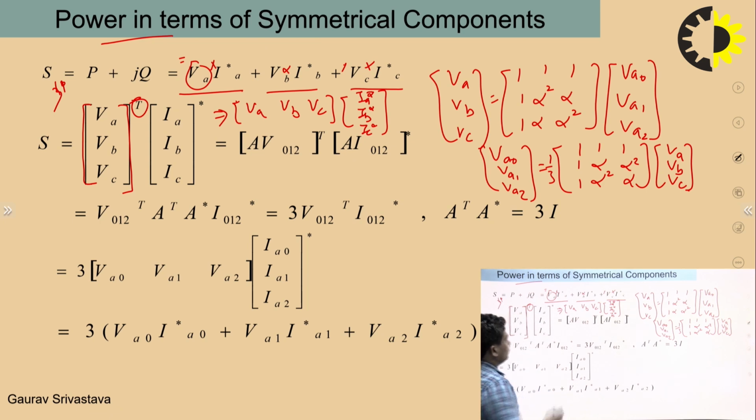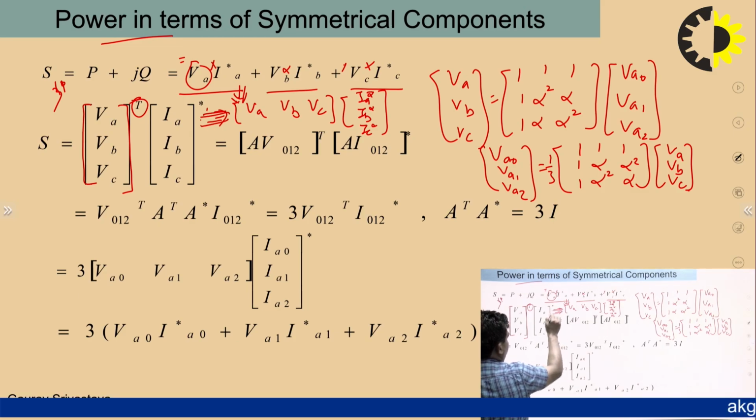We have changed this equation in terms of this. We have taken the transpose of this, where row elements become columns. So simply we can write this equation.